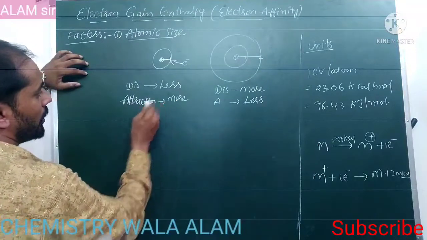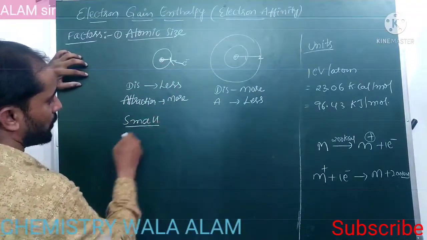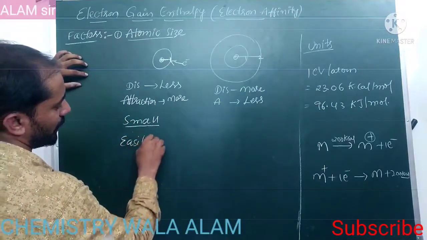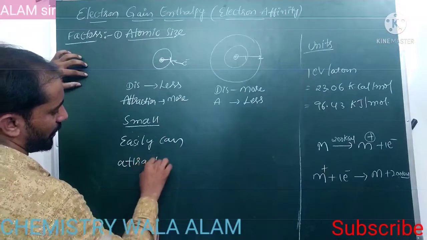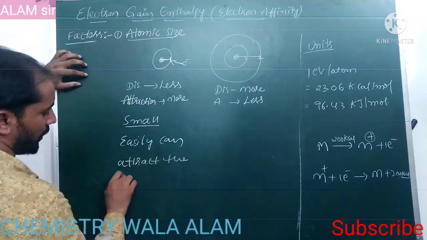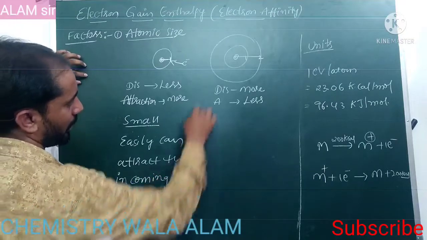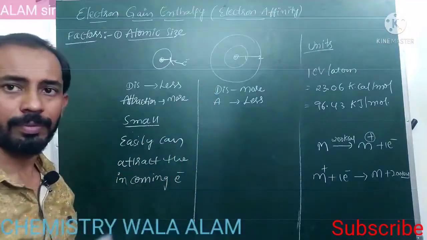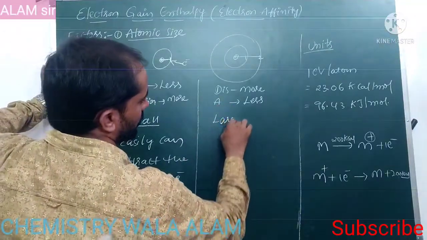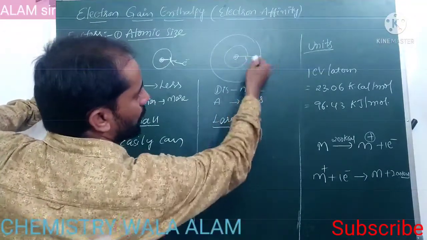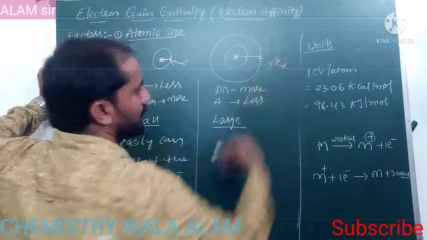So if the atom is small, it can easily attract the incoming electron. If the atom is large, the distances are more, and the nucleus cannot attract the electron easily.